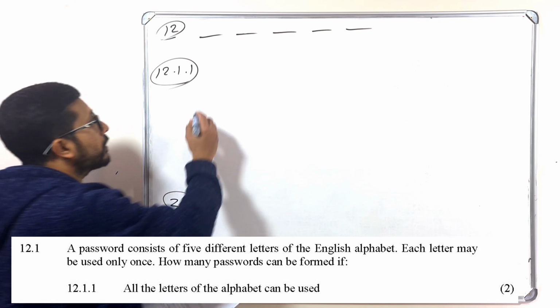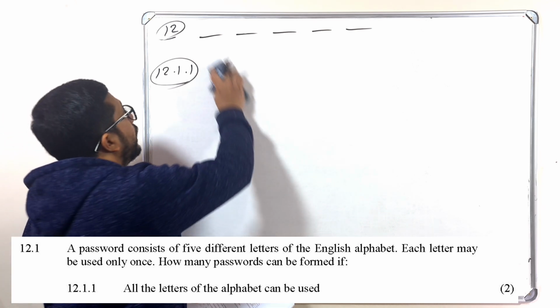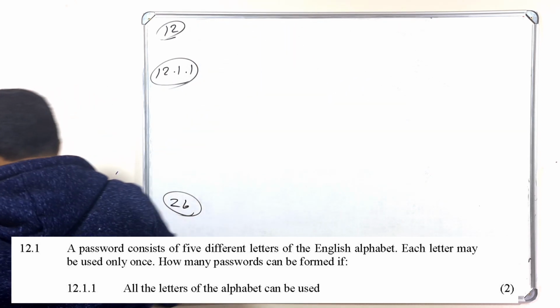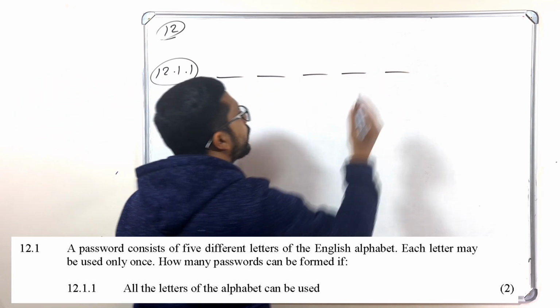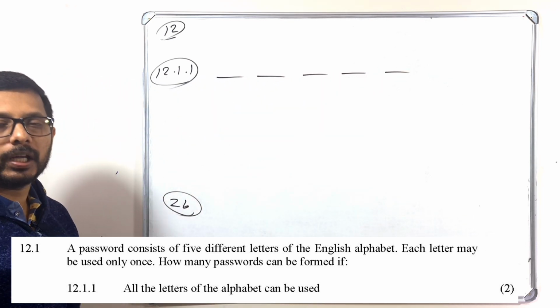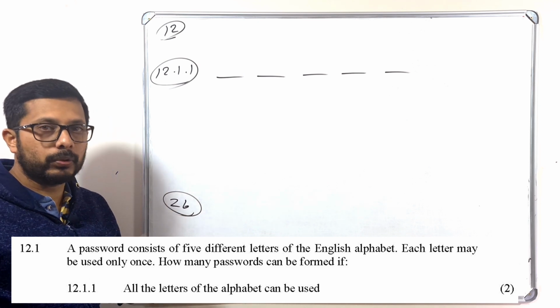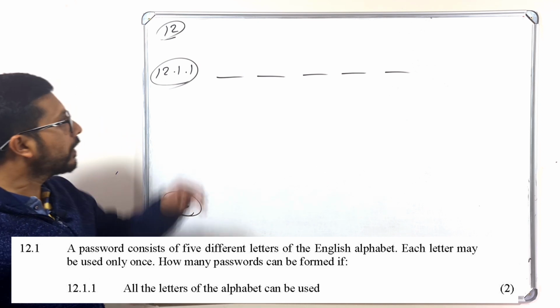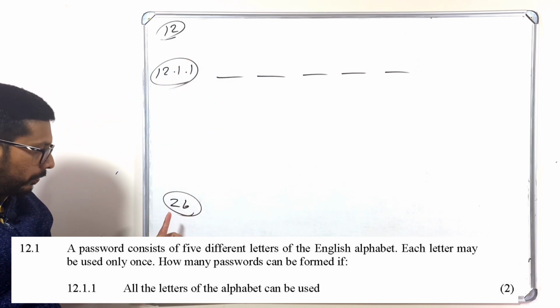So let me write the password positions here: 1 2 3 4 5. All the letters of the alphabet can be used, with one condition: it is not allowed to repeat the same letter. So for this position, how many letters do I have?